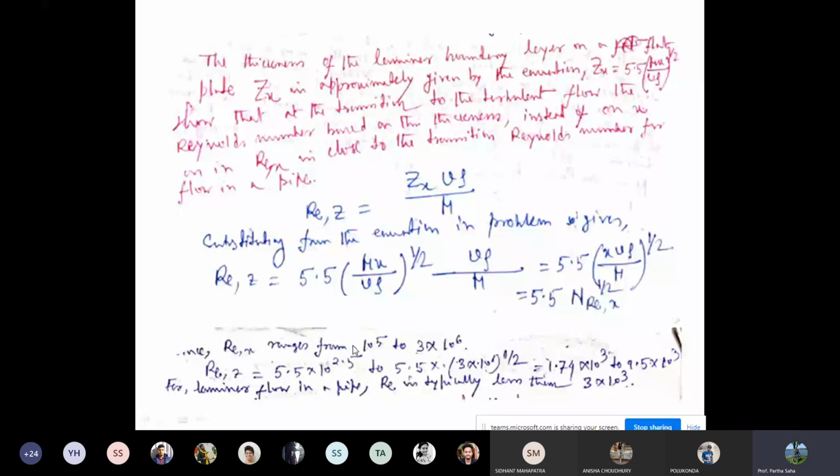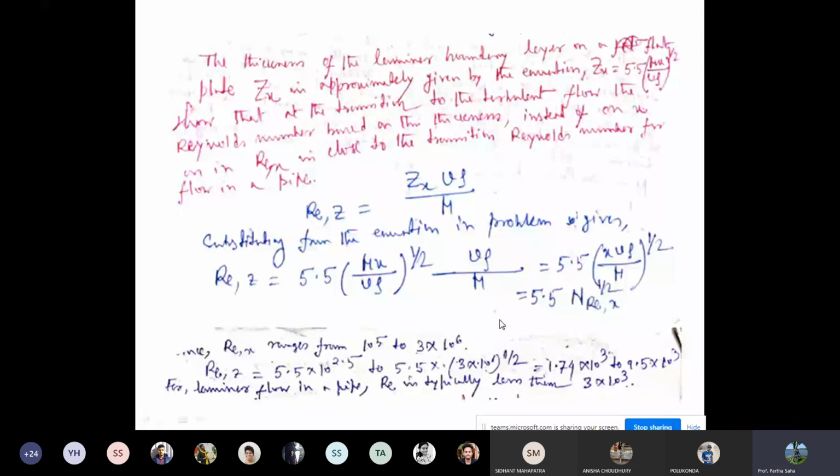What is the Reynolds number range for a flat plate? We already know it is 10 to the power 5 to 3 into 10 to the power 6. If you put in these values, Re delta becomes the square root of this: 5.5 times the square root of 10 to the power 5 to 5.5 times the square root of 3 into 10 to the power 6, which gives 1.74 into 10 to the power 3 to 9.5 into 10 to the power 3. Now, recall that for fluid flow through a tube, greater than 3000 was turbulent flow, less than 2100 was laminar flow, and within 2100 to 3000 was the transition region.